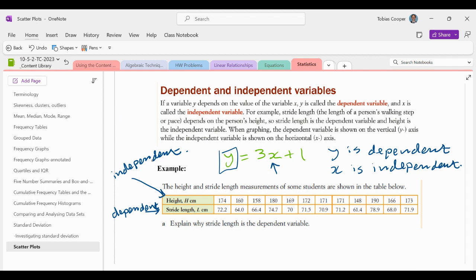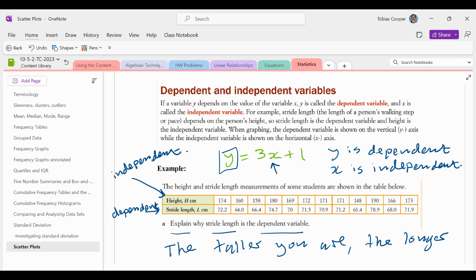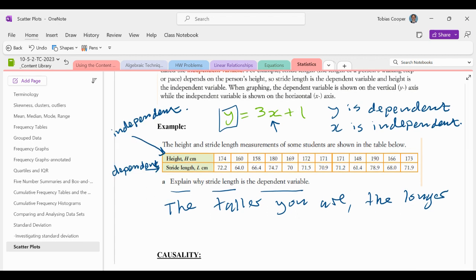And here it says, part A, explain why stride length is the dependent variable. Well, it's because the taller you are, the longer your stride. So that's the reason.